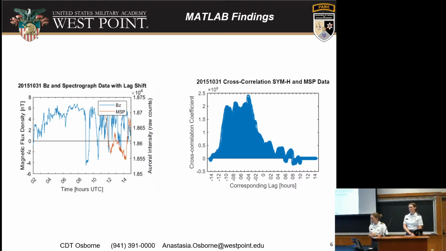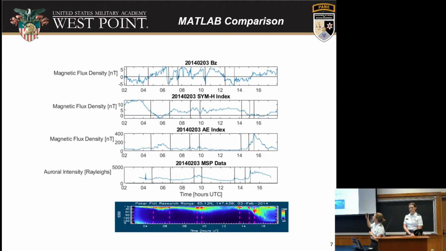For this particular one, it shows October 31st, 2015, had a KP index of about 2+, which was within the range of what we wanted to look at, a lag of around negative 2.08 hours, which was around the same as the other data that we got, an RMS speed of 414 kilometers per second, and time to the magnetopause around 51.4 minutes. So we took this data from this semester and compared it to some of the findings from the previous semester.